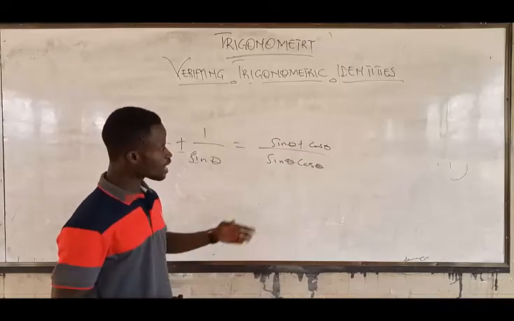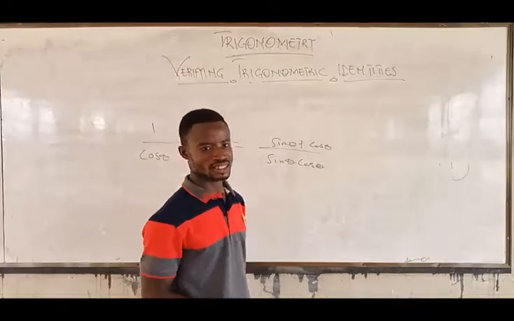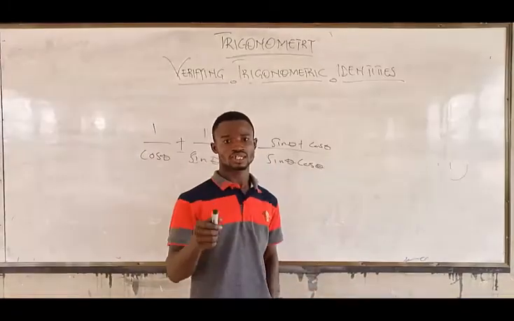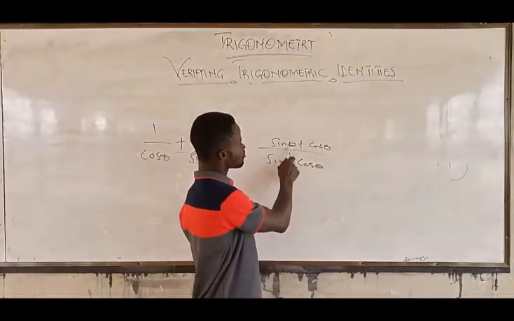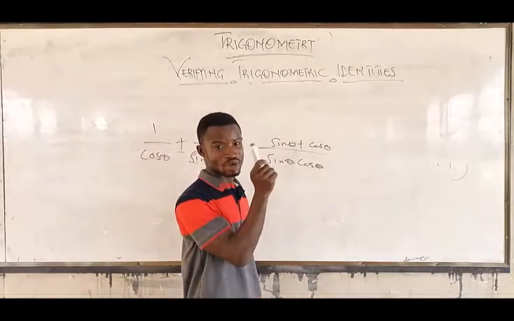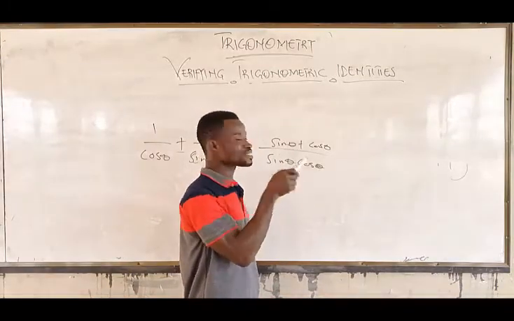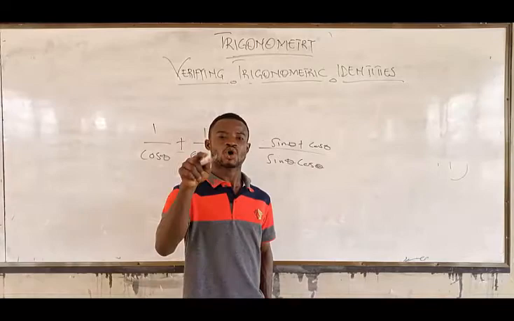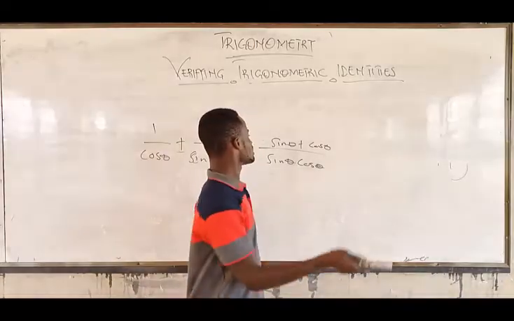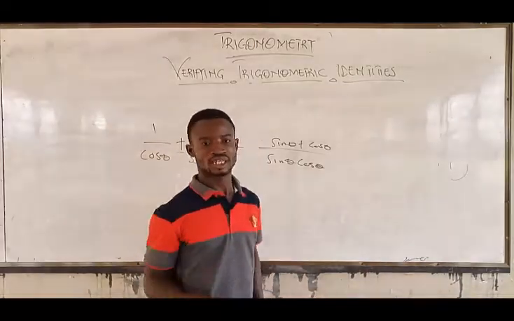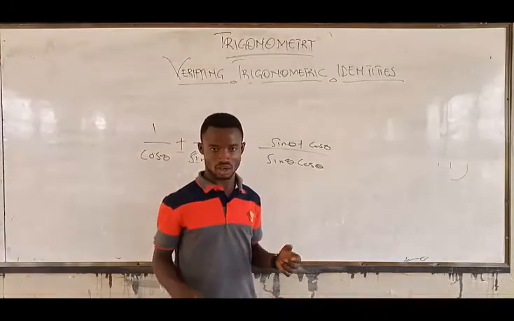And now with this, you can see that the numerator is not 1. Sine square plus cos square gives 1, but not sine plus cos. This doesn't give 1.